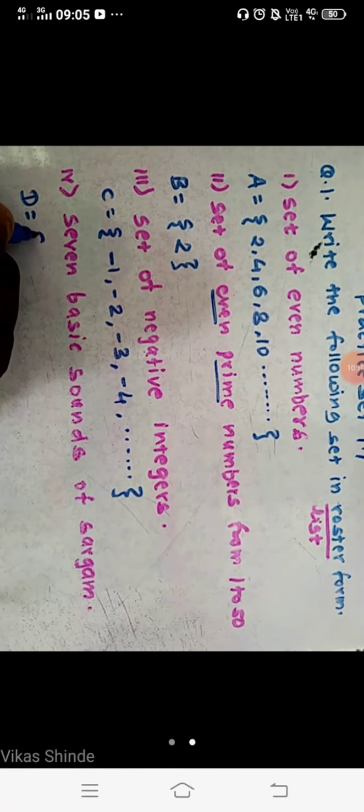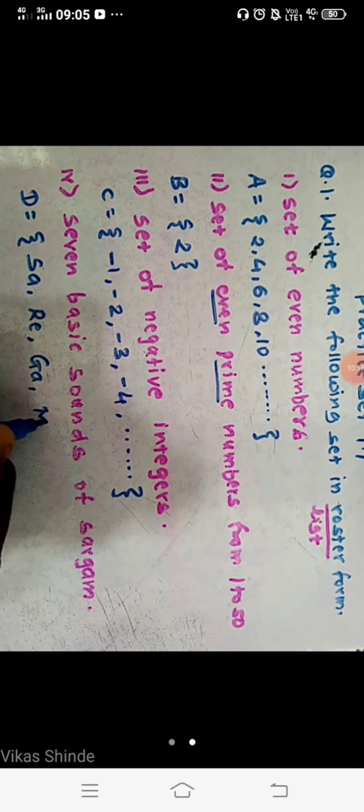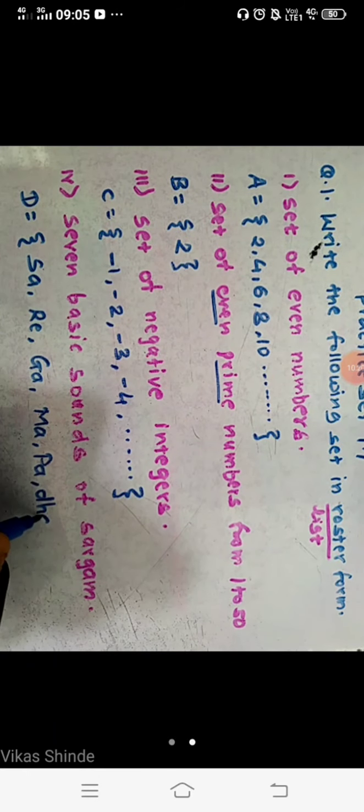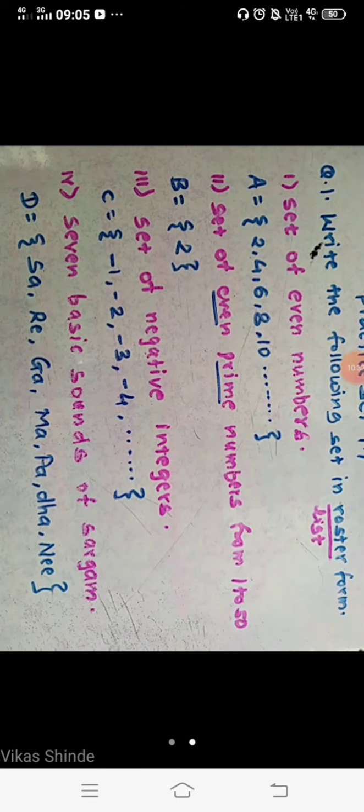So we have to write in a curly bracket sa, re, ga, ma, pa, dha, ni. Okay, these are the 7 basic sounds, 1, 2, 3, 4, 5, 6 and 7 here. Okay, thank you for watching this video.